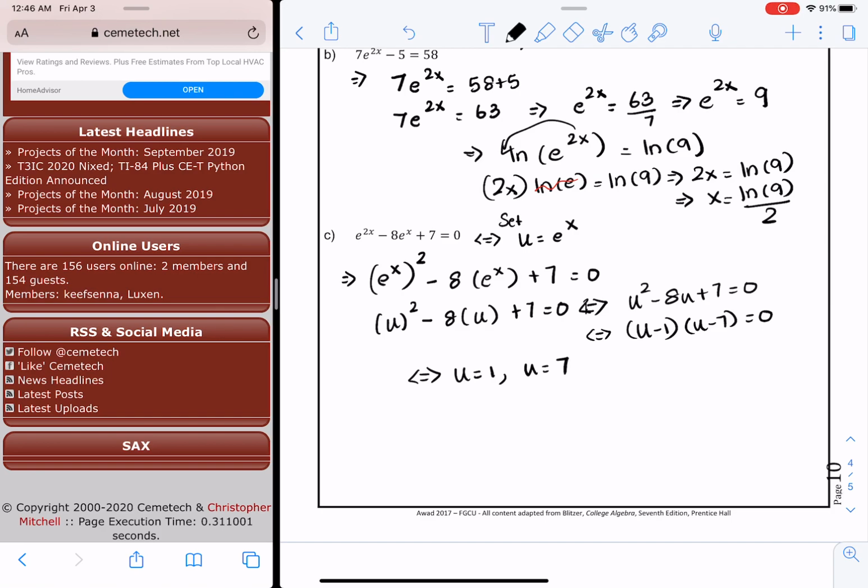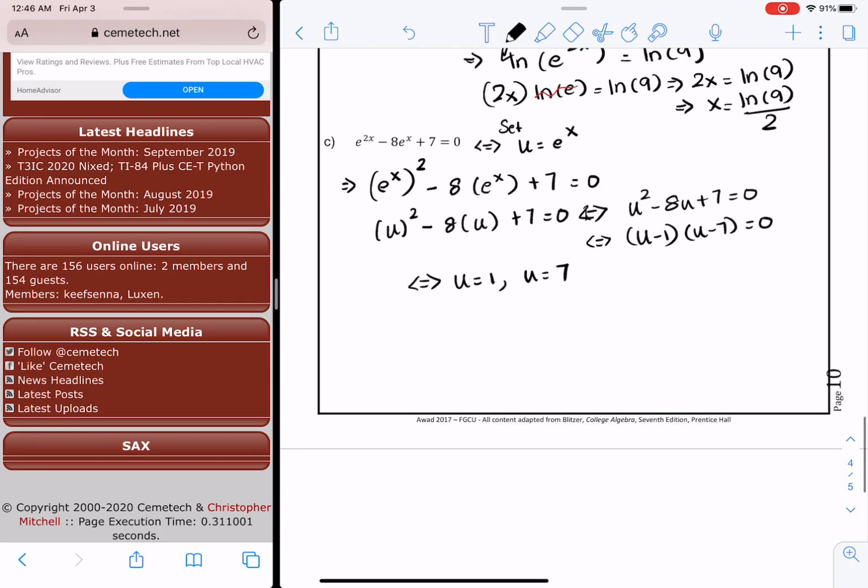But we are not done yet. We found the solution for u, but the question wants us to find the solution for x. So let's go back to our initial substitution. Recall, u is equal to e raised to x. Therefore, when u is equal to 1, 1 would equal e raised to x.